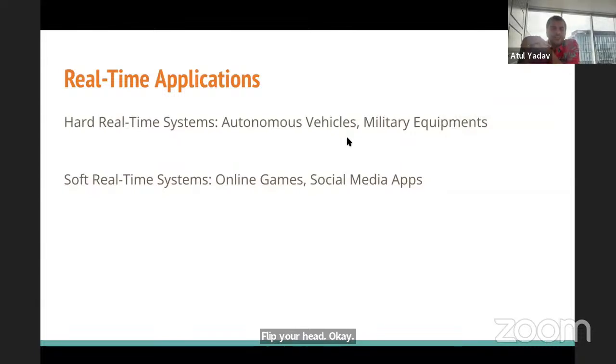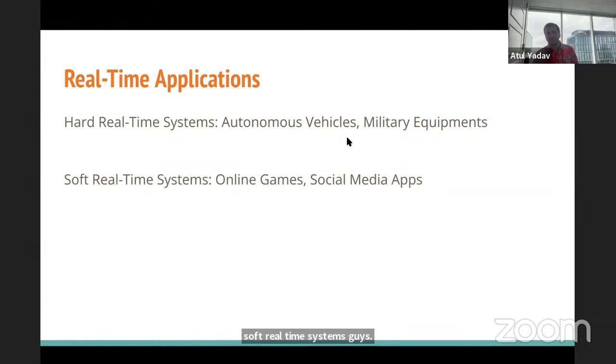Okay, cool. Fine. What do you think about soft real-time systems? Apart from social media apps and online gaming, what are other examples of soft real-time systems, guys?